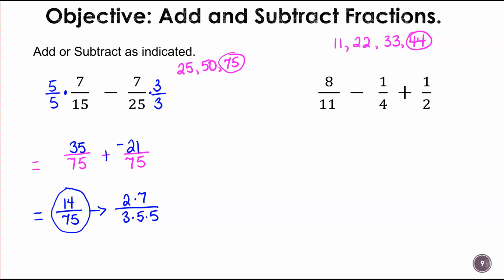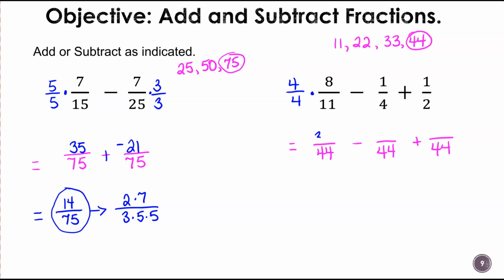So I'm going to write all three fractions with a denominator of 44. And that means I multiply by whatever it takes to get 44 in the denominator. So for the 11, that's going to be a 4, which means I multiply my numerator by 4.